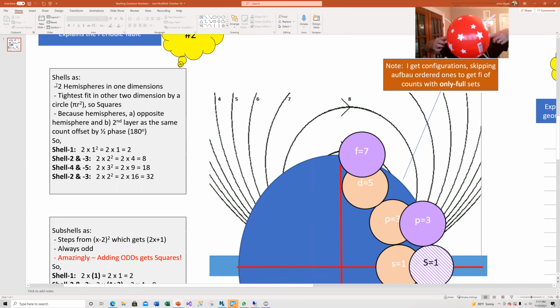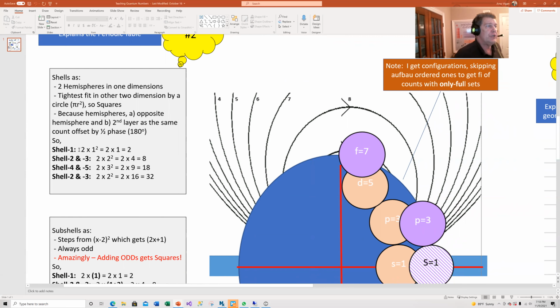Okay, so this dimension is 2 Pauli pairs, and this dimension is a circle. If I go around that, that's a nice circle. And that's because the most balanced, the tightest fit of 3 atoms, or 5, or 7, or 9, is a circle.